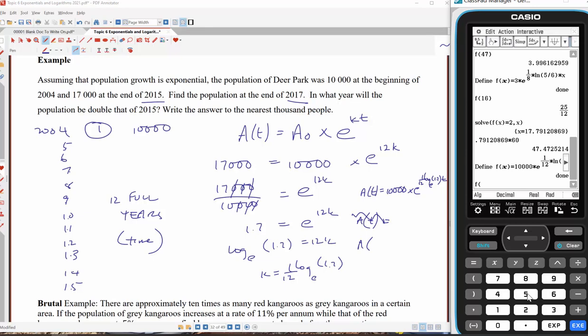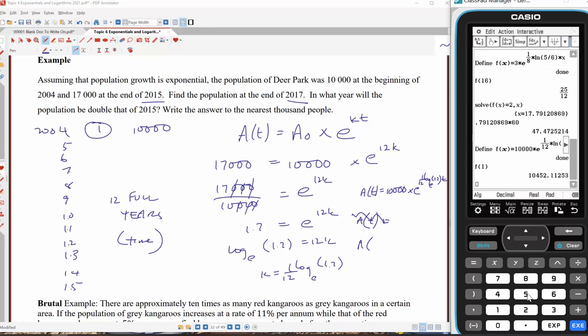Okay, now f of 0 should be 10,000. Good. Now f of 12 should give us 17,000. Good. So f of 12 gives us the end of 2015.